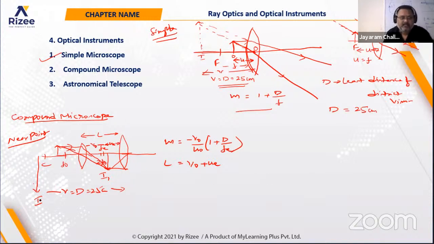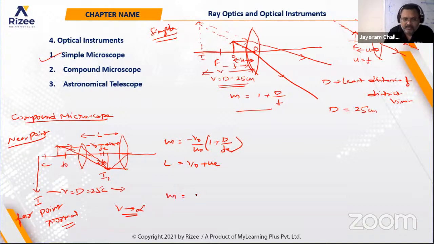In the second method, which is called the far point or normal adjustment method, your final image will fall at infinity. For this case, you can have your magnification formula as M equal to minus v0 by u0 into D by fe, because you are going to place the final image at infinity.